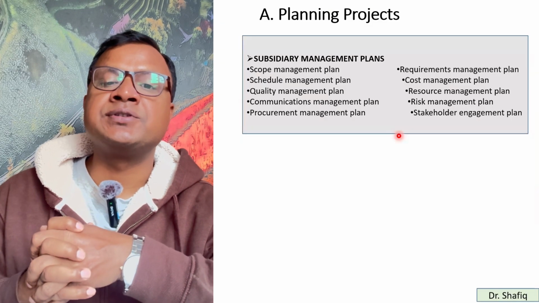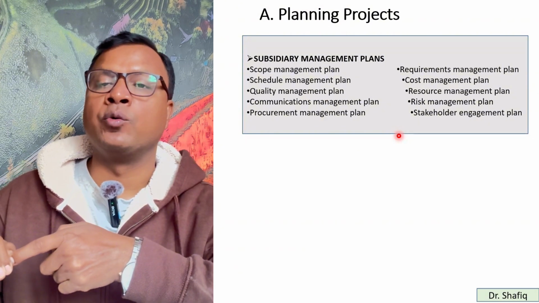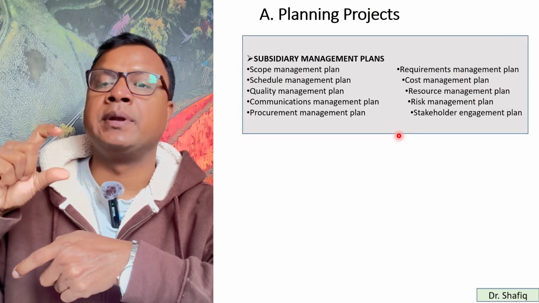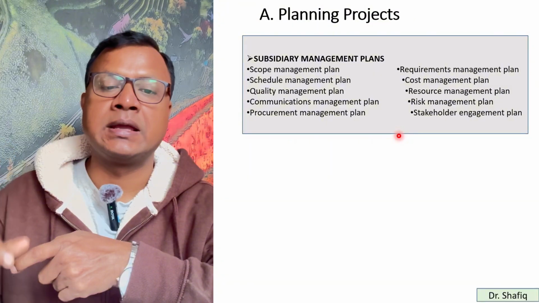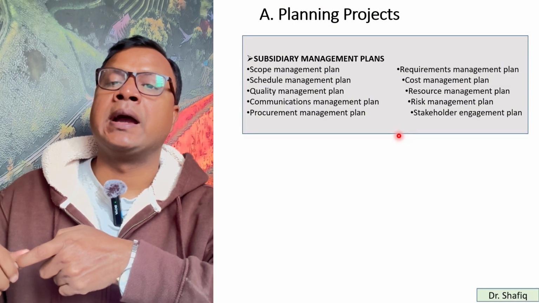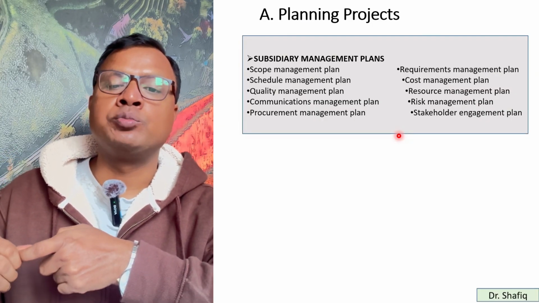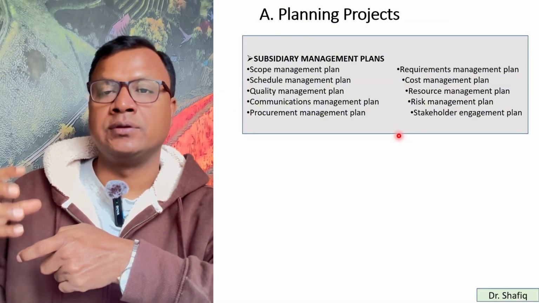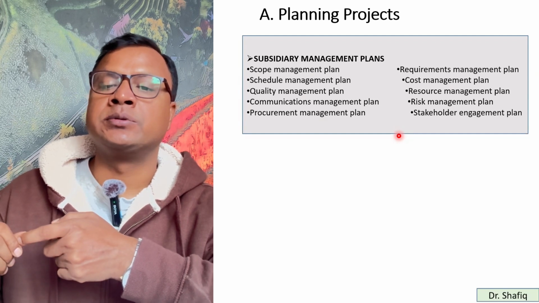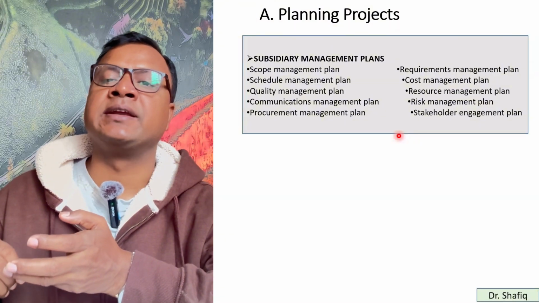So there are some subsidiary management plans under the project management plan. These are the scope management plan where the scope of the work is defined, the schedule management plan where time, days and months are fixed, the quality management plan where quality is ensured, the communication management plan, how the communication will be done to the stakeholders, the procurement management plan, how the resources will be procured, and the requirements management plan, cost management plan, resource management plan, risk management plan, stakeholder engagement plan.